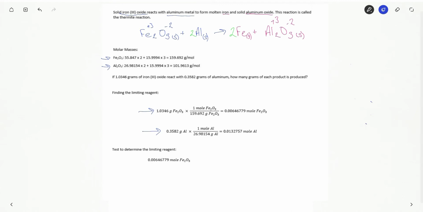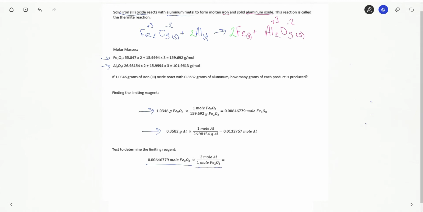What I'm going to do is take my moles of iron 3 oxide. I'm going to use my mole ratio to determine how many moles of aluminum I'm going to need if all of my iron oxide is going to react. Okay, so here is my mole ratio.